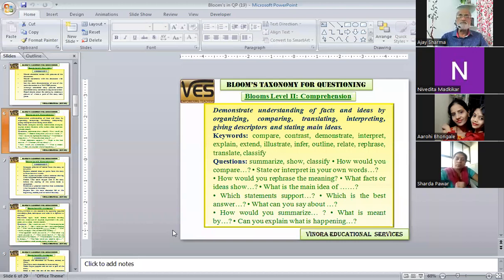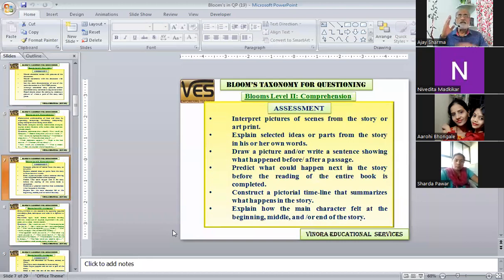Next, assessment of comprehension. Interpret pictures of scenes from the story or the art print. Let us say, for example, Gulliver's Travels. The first part, knowledge level, was: who was Gulliver? Where did he travel?